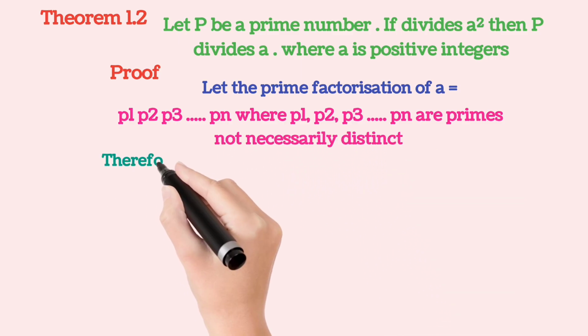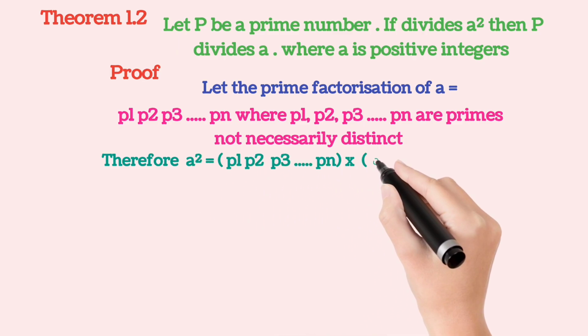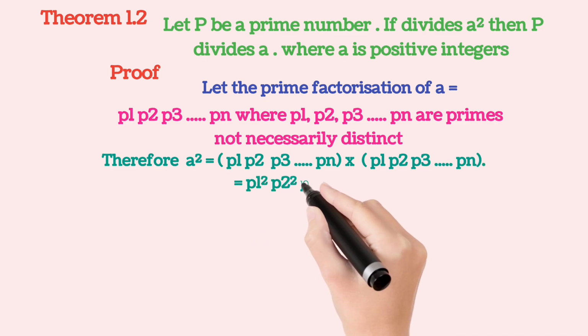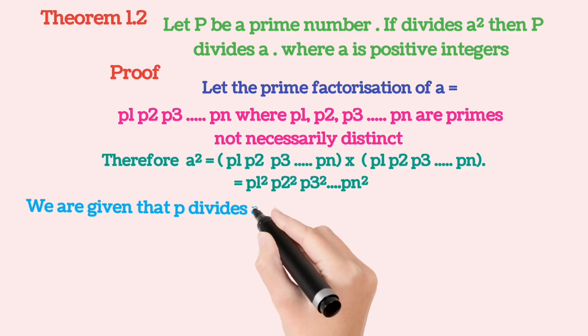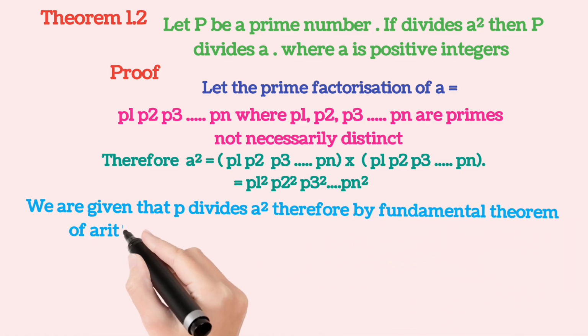Therefore, we can write a square that is equal to p1 into p2 into p3 up to pn into p1, p2, p3 into pn, that can be written as p1 square, p2 square, p3 square up to pn square. We are given that p divides a square.